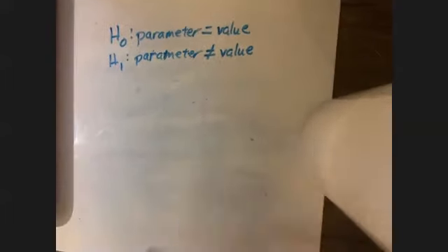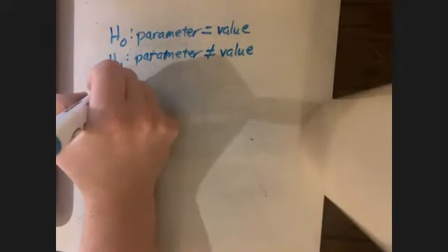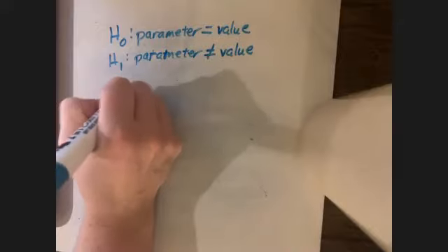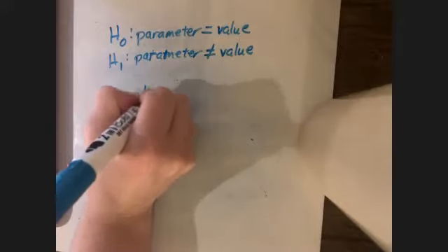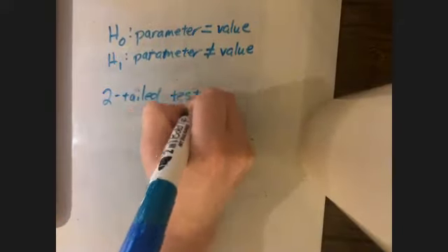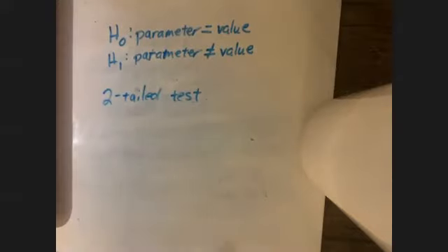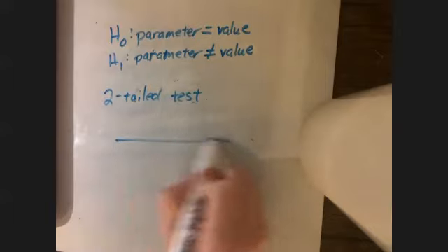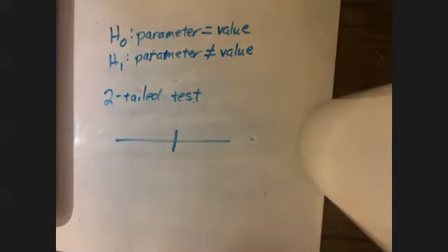Trying to make this a little bit straighter. This is what's called a two-tailed test. Okay, and the concept here is we're saying against a number line, this is what we believe the value is.